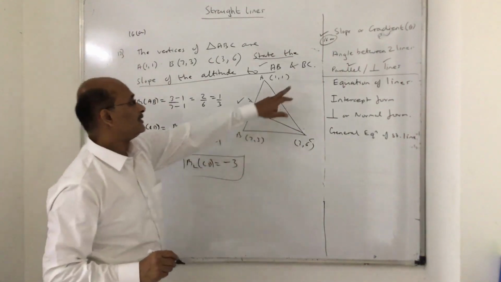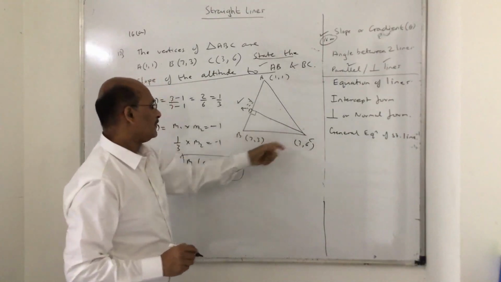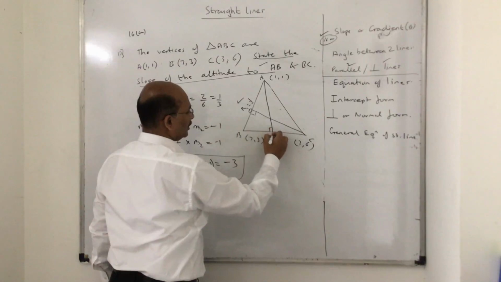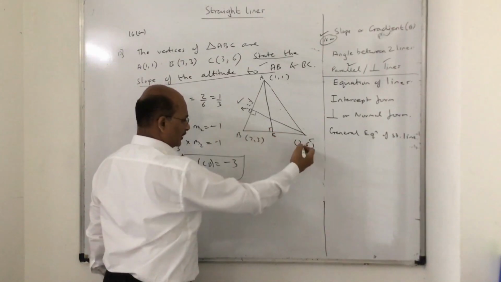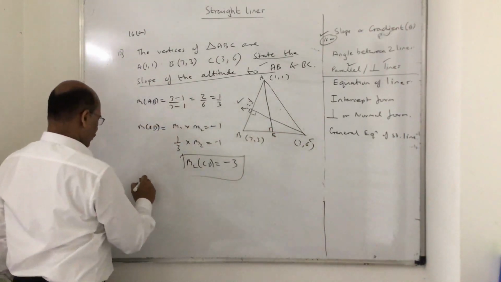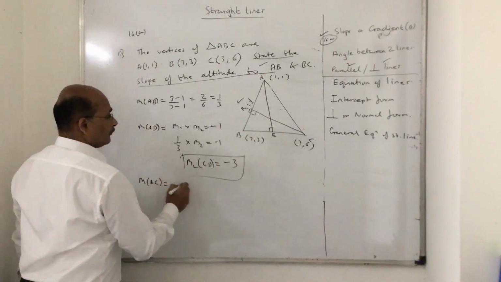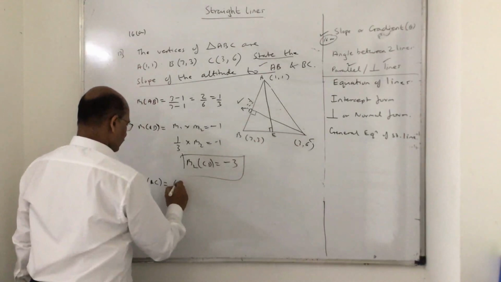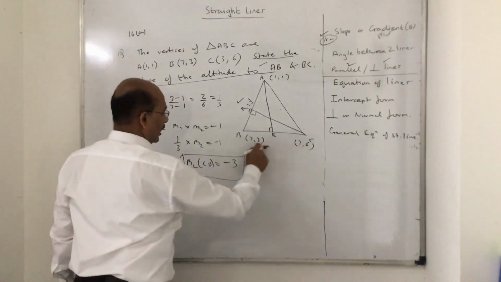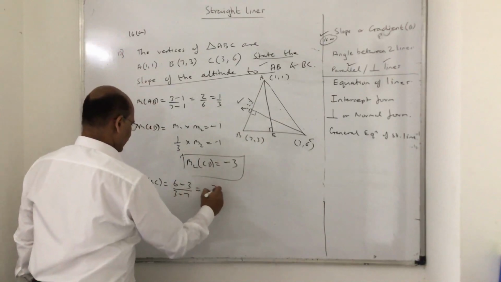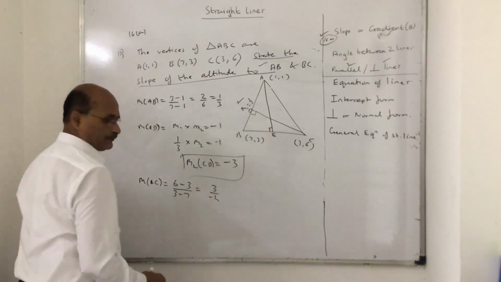Similarly, you can do it for BC also. Find the slope of BC. This is, you can say, E now, the perpendicular distance E. Find the slope of this line now. So slope of BC will be y2 minus y1 upon x2 minus x1, which is 3 upon minus 4.